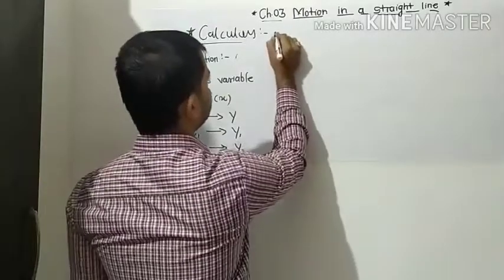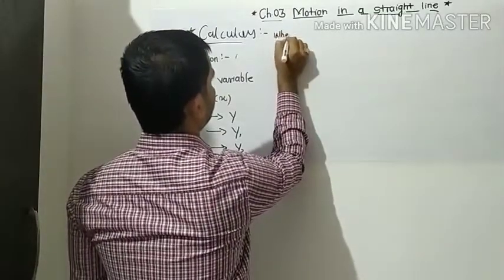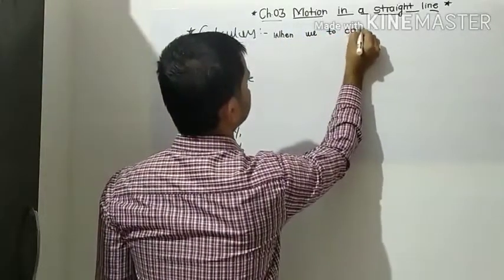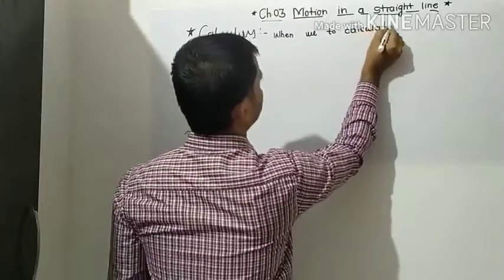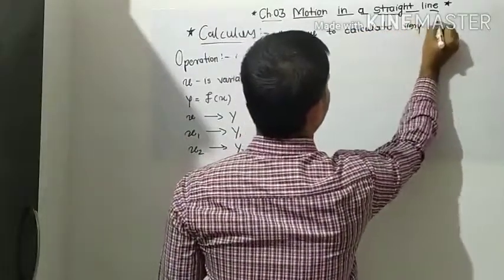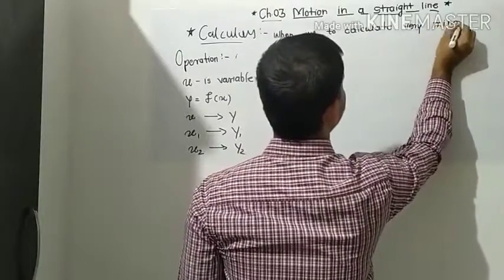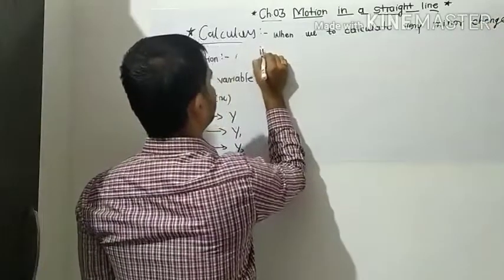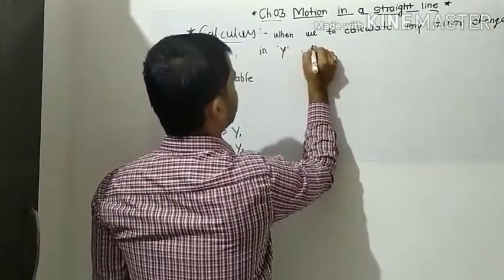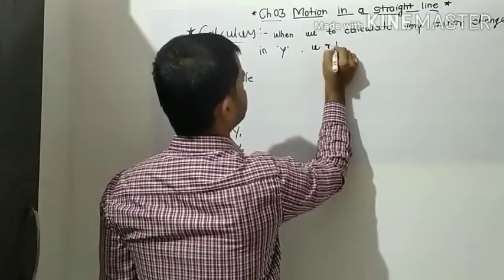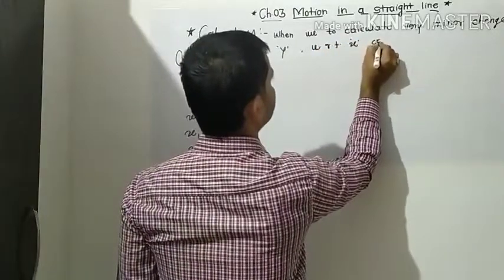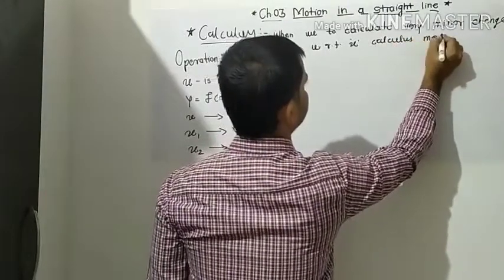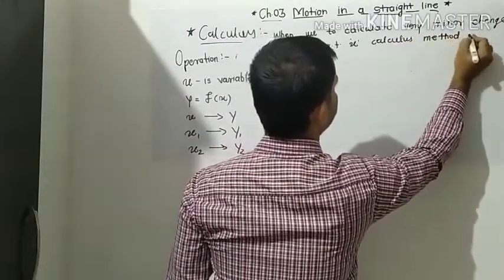When we have to calculate a very minor change in y with respect to x, the calculus method can be used. So which calculus method is used?